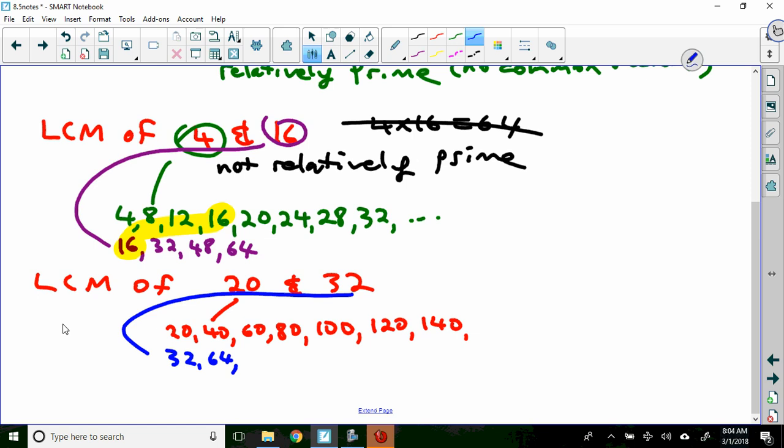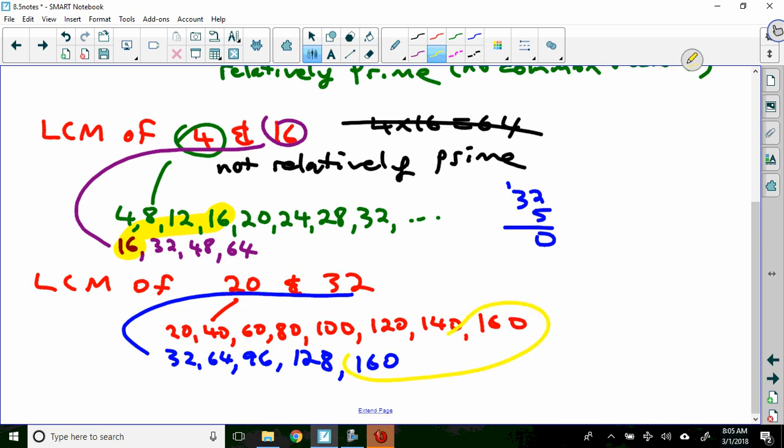Maybe. I hope. 32 times 3 is 96. 32 times 4 is 128. And 32 times 5 is 160. So 160 ends up being that LCM, right?